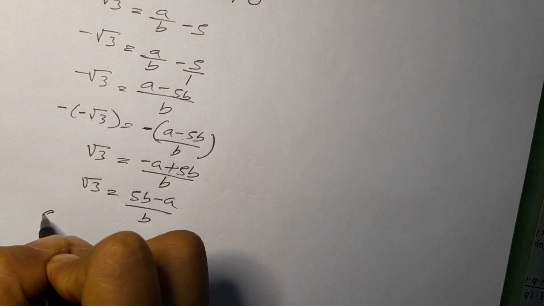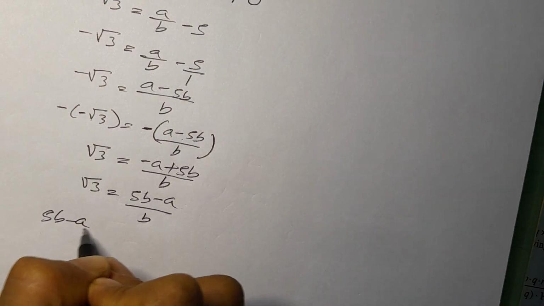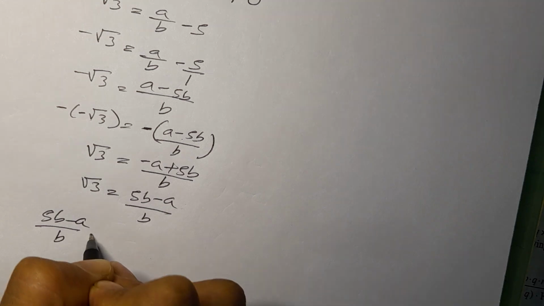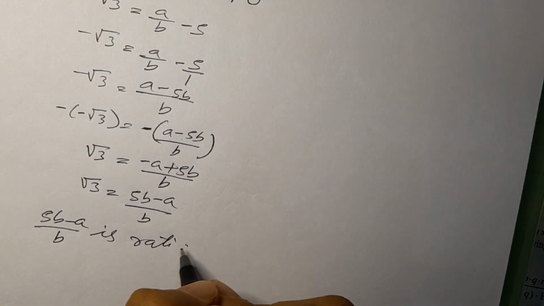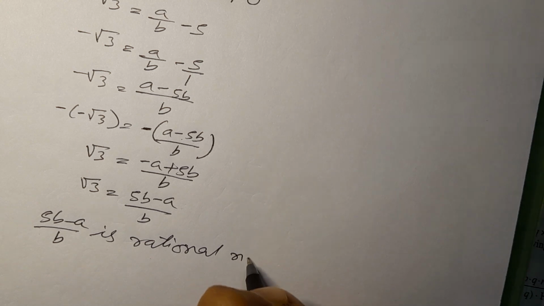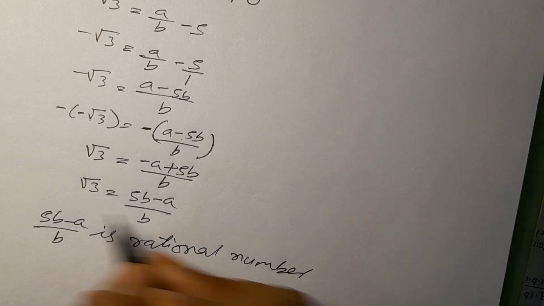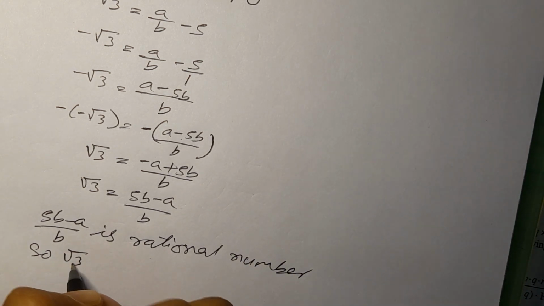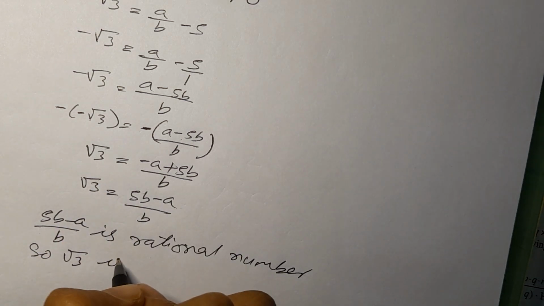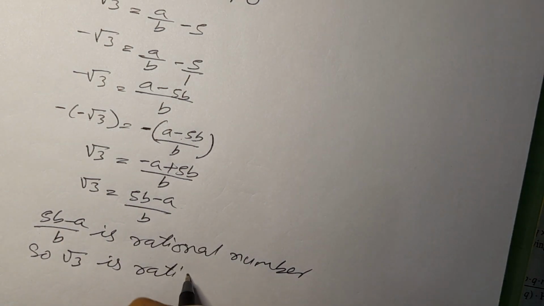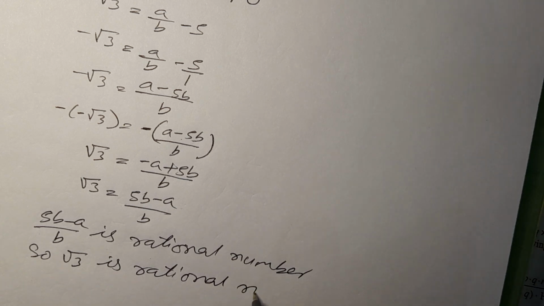So 5b minus a divided by b is a rational number. So root 3, because this and this are equal, so this is rational, so this is also rational. Is root 3 a rational number? Root 3 is not a rational number.